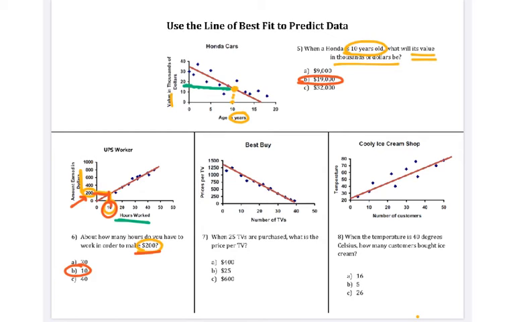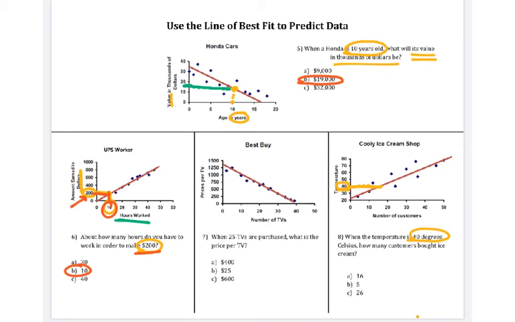When the temperature is 40 degrees, how many customers bought ice cream? So from that 40, we're going to go until we touch the line, and then figure out what the x value would be right about there. Okay, so when that's the y value, look down to see what your x value is.